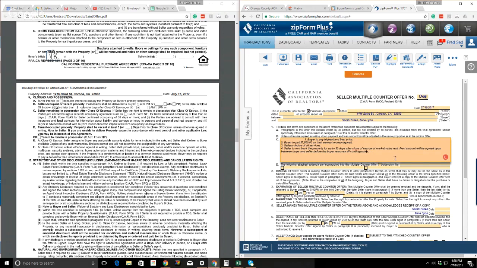The next thing that you don't know about this property is that it comes with a solar unit. It's kind of unique. So we want to make sure the buyer is aware of this, which they are, and how it works. Property has a leased solar panel unit.